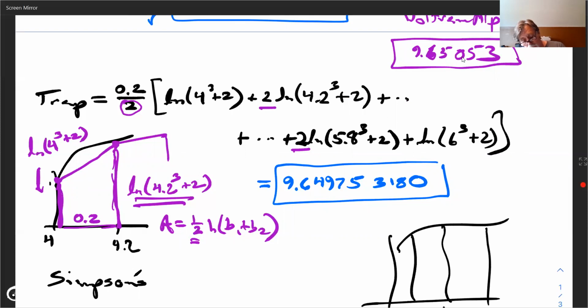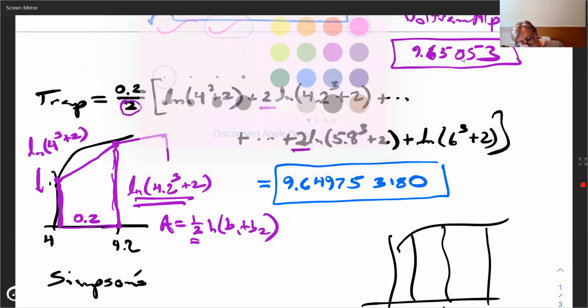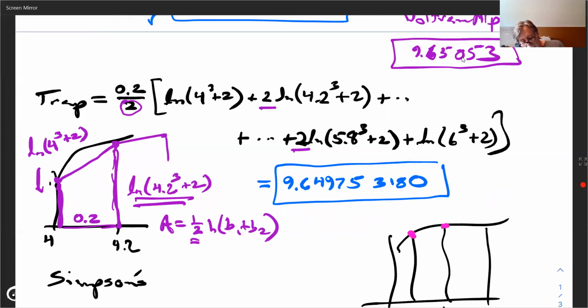In a nutshell, the idea is to grab these 3 points and fit, as we do in pre-calculus or algebra 2, the a, b, c that creates a parabola, y equals ax squared plus bx plus c. So we take those points, plug in, and solve the system to get the a, the b and the c in the equation. Then you integrate a parabola, which is easy for us, and we can't do the original function. Anyway, you get the drift.